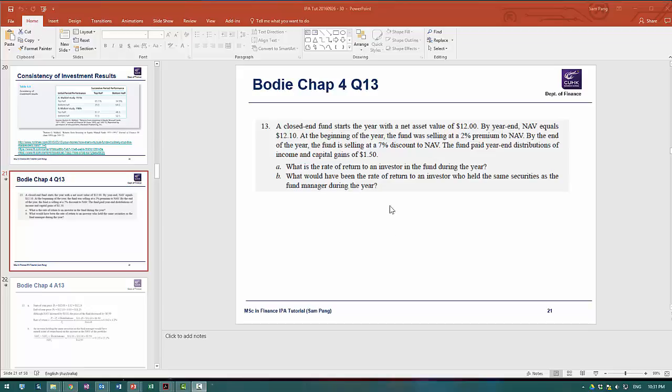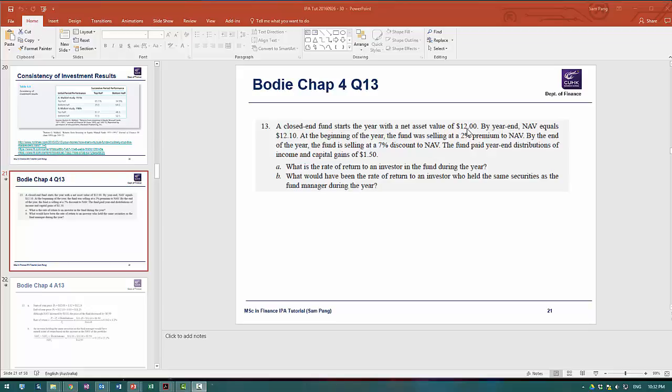So the simplest way to look at it is, if I'm the manager, I started with $12. During the year, I would be buying and selling some shares, and for the shares that I was holding, there would be some income, dividends, but I'm also buying and selling and presumably making profit.